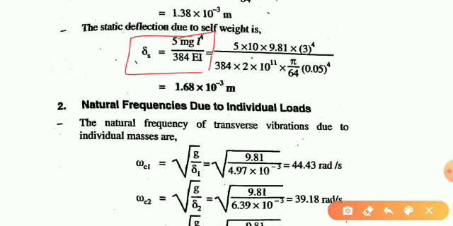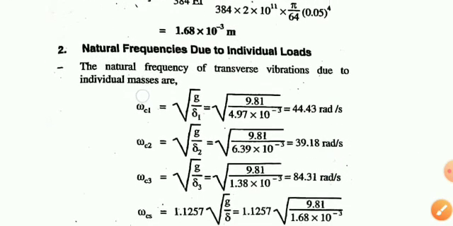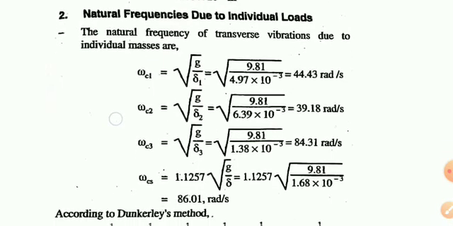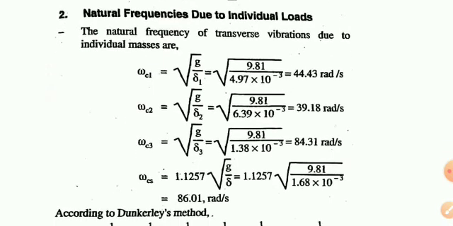Now we have to find the natural frequencies due to individual loads. So omega C1 is the critical speed for the shaft carrying mass m1, and its static deflection is delta 1.